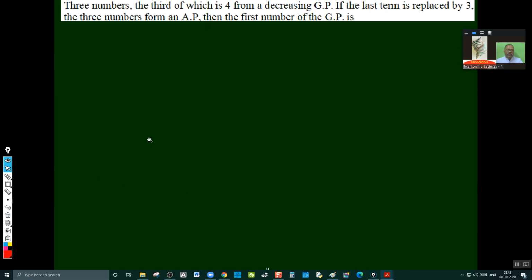Next question, please. 3 numbers, the third of which is 4, form a decreasing GP. If the last term is replaced by 3, the 3 numbers form an AP. Then the first number of GP is?